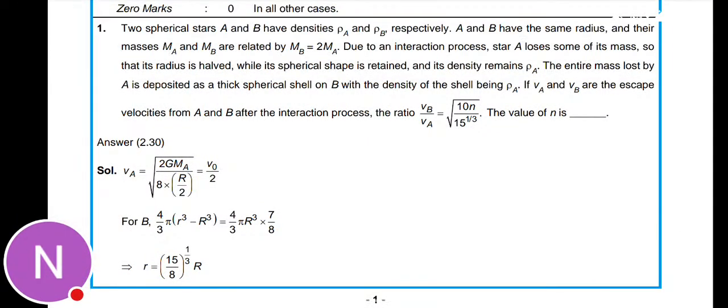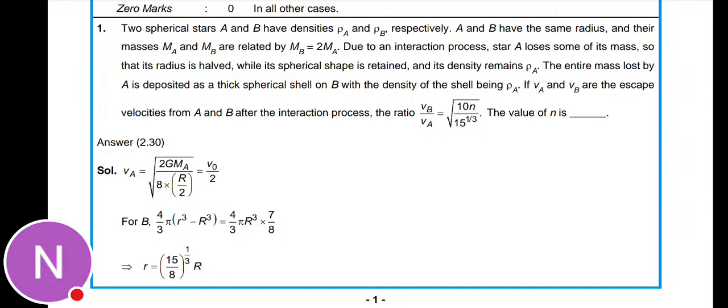The first question they have asked here is: two spherical stars A and B have densities ρA and ρB respectively. A and B have the same radius and their masses MA and MB are related by MB is equal to 2MA. Due to an interaction process, star A loses some of its mass so that its radius is halved, while its spherical shape is retained and its density remains ρA.